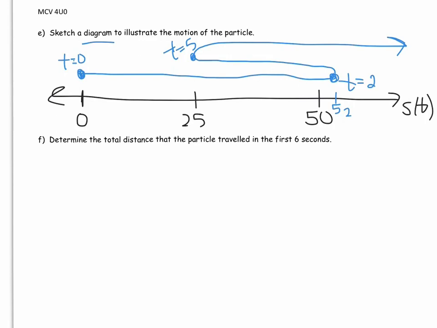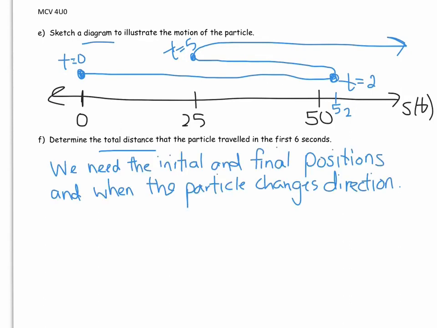Now we'll take this diagram and determine the total distance that the particle traveled in the first 6 seconds. Really important here, we need two things. We need to use the diagram above, and we also need the initial and final position of the particle as well. So we'll pause and write that information down. We need the initial and final positions and when the particle changes direction.